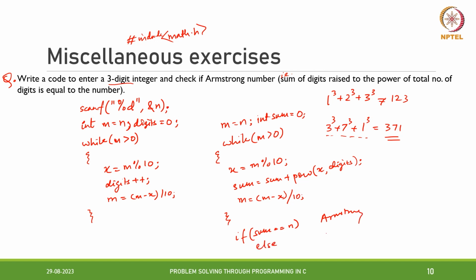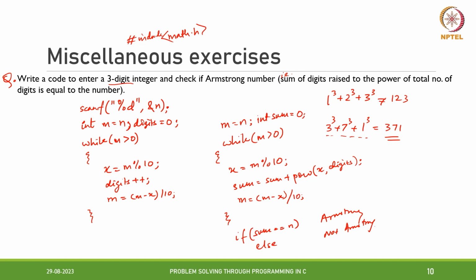Else not Armstrong. So this is basically the algorithm. We just have to do the while loop twice, once for calculating the total number of digits, and the second time for calculating the sum of the digits raised to the power of the total number of digits.